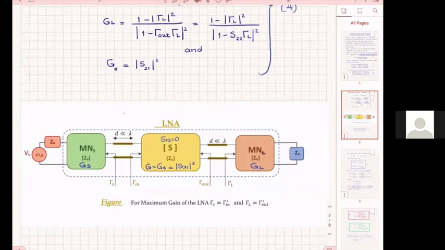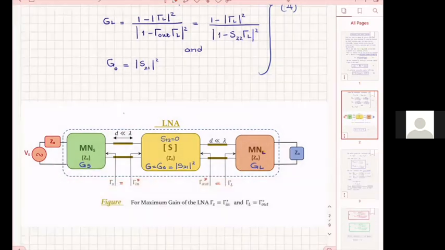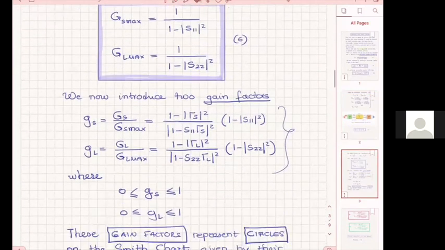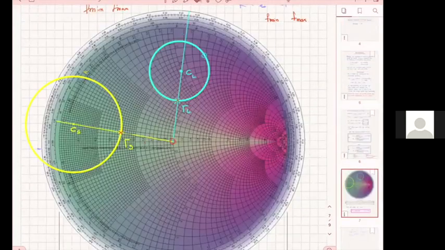For maximum gain, you will choose this one to be equal to this, and this one to be equal to this for maximum gain. All right. However, for gain which is not maximum, your gamma L and gamma S are chosen from this Smith chart.